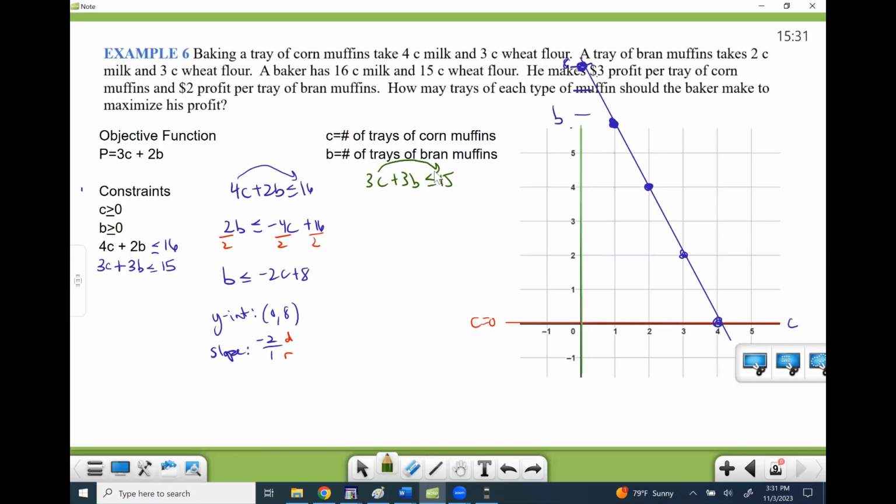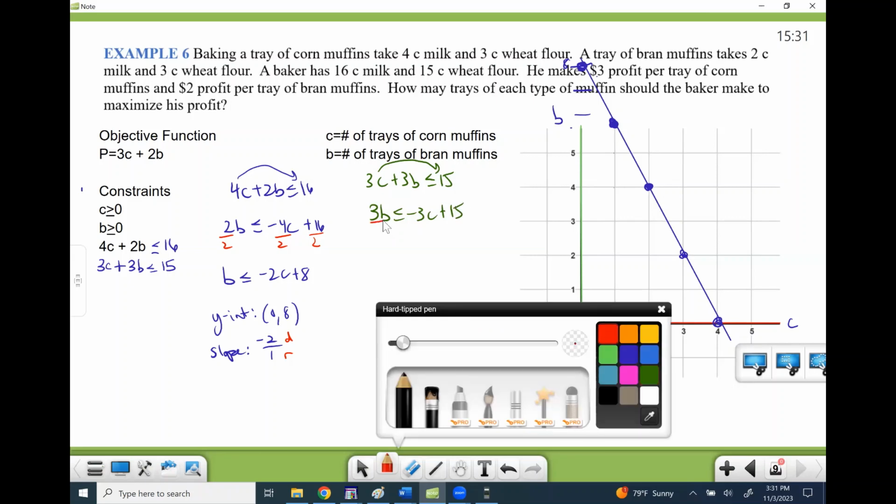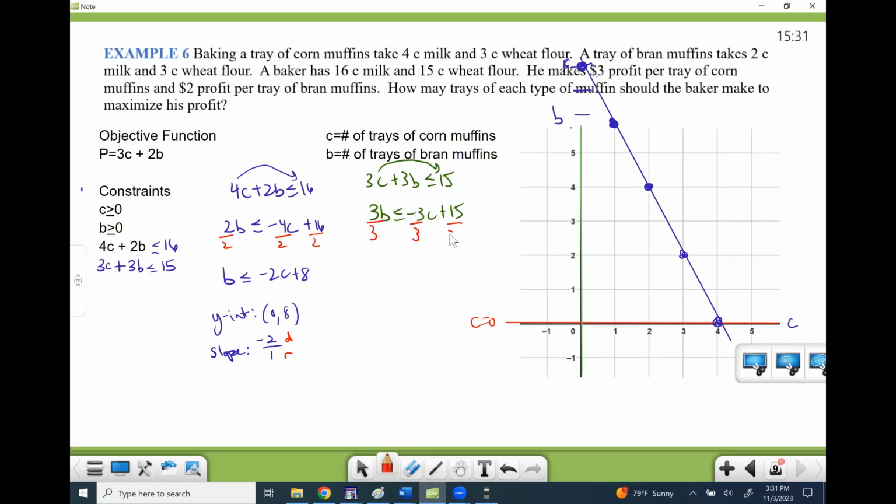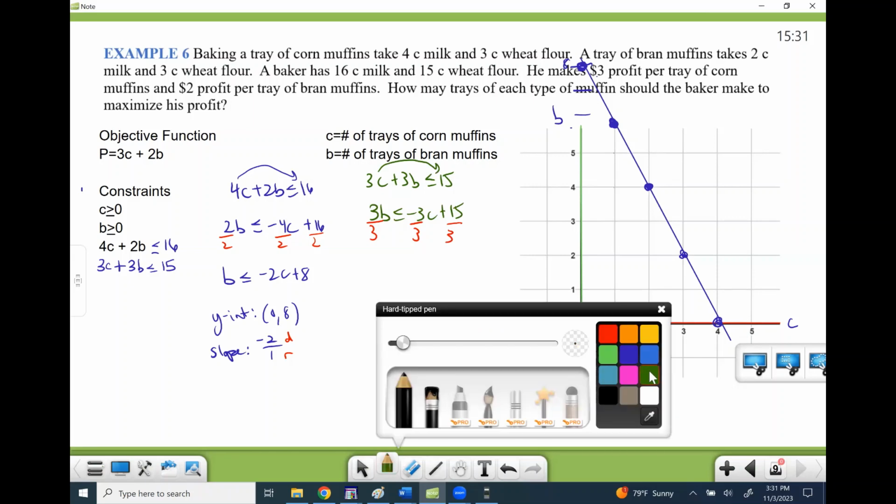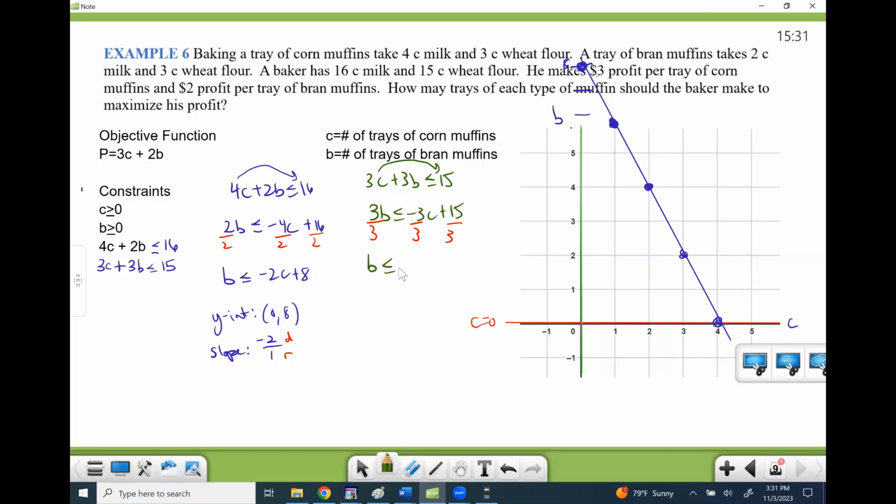So we will move the 3C over. And then we're going to have to divide 3. So our y-intercept this time is going to be 0, 5.